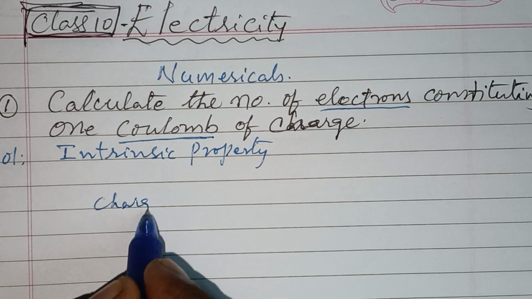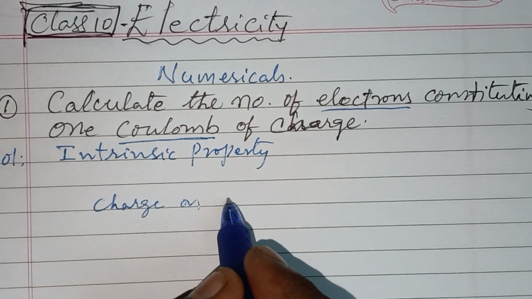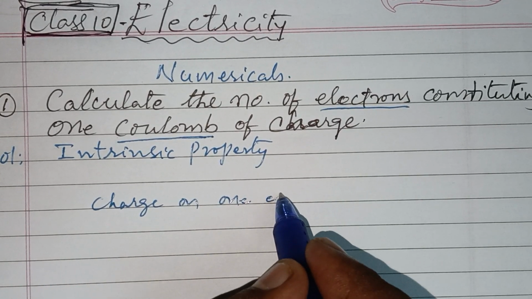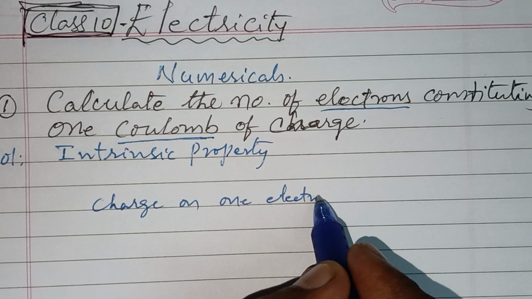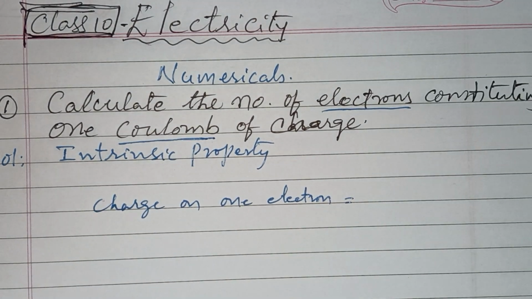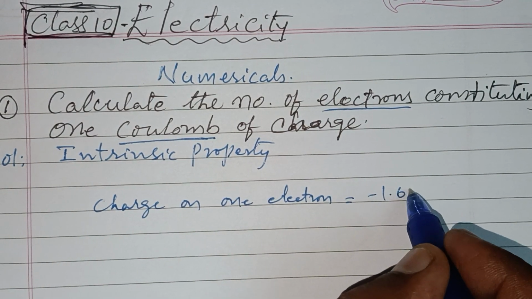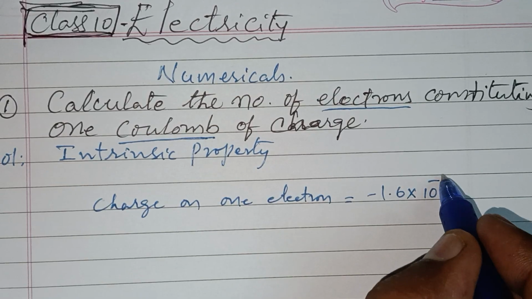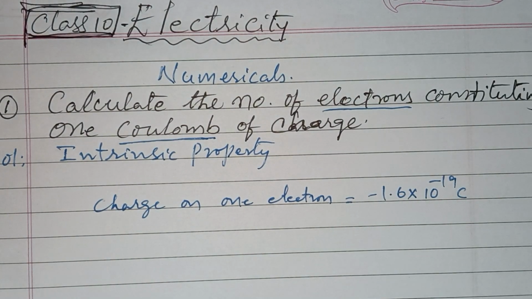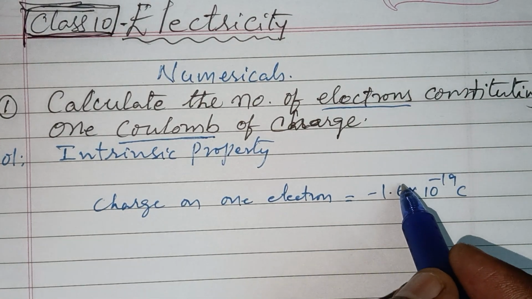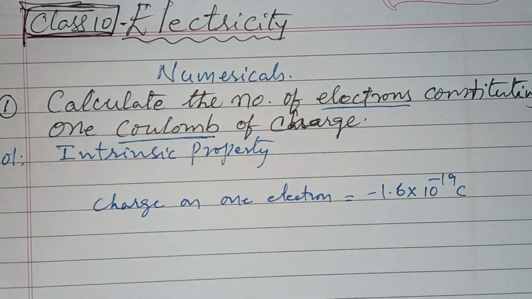Charge on 1 electron, see friends, this is a 2 marks question. Charge on 1 electron is minus 1.6 into 10 power minus 19 coulombs.